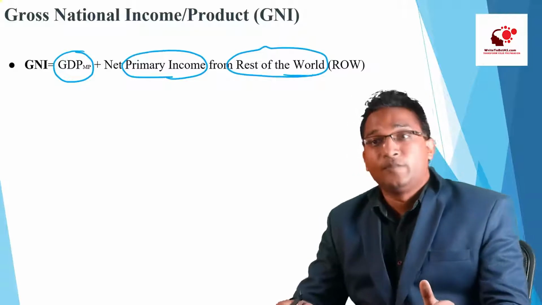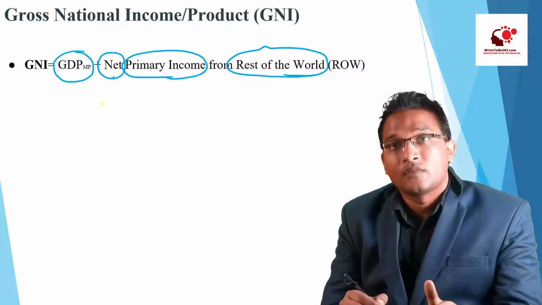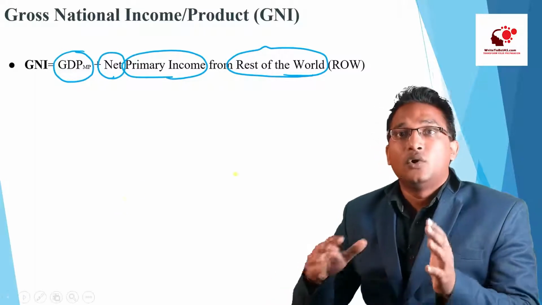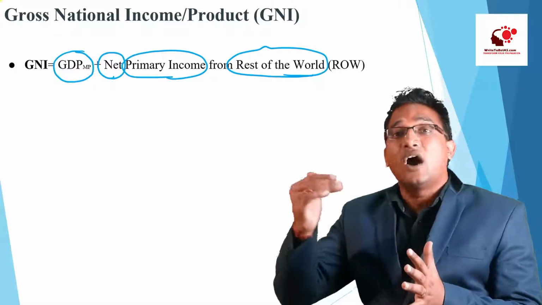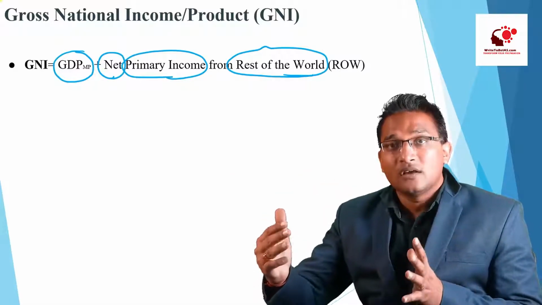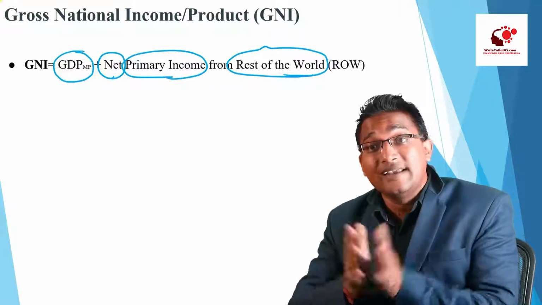This is very crucial. The crucial word is net. Net means we will see the inflow of income as well as the outflow of income, and we will adjust both of them. That is called net.